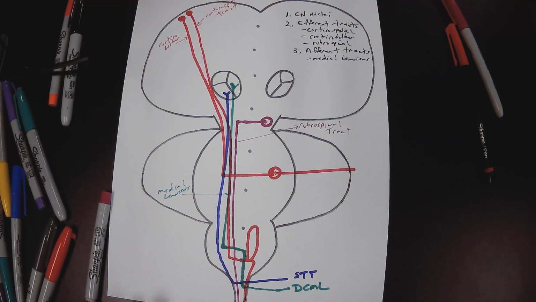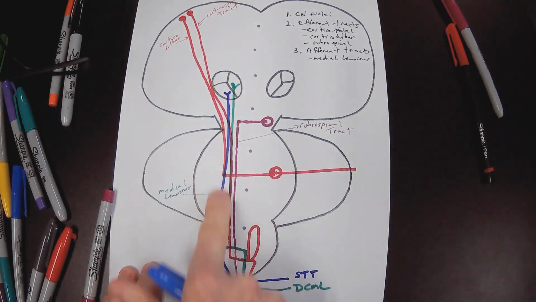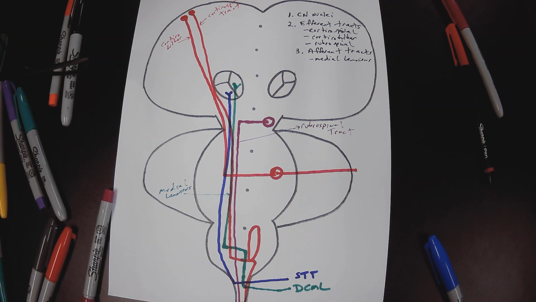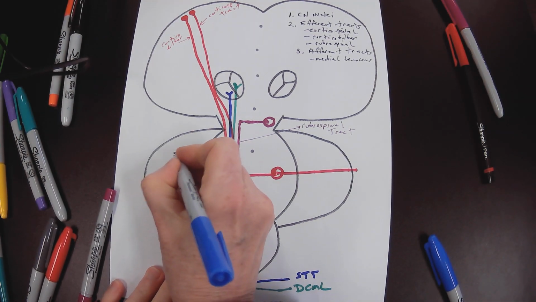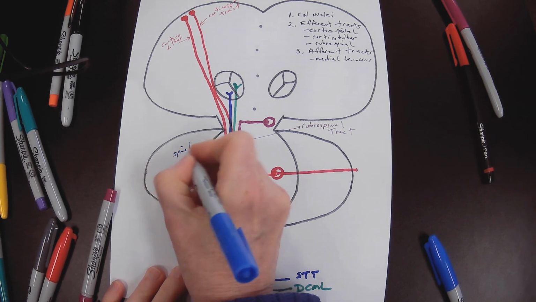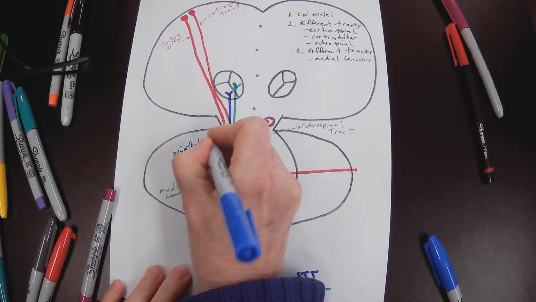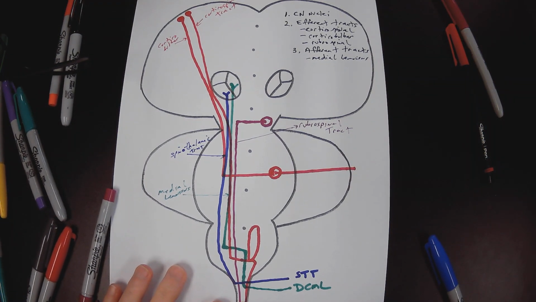So what would be the name of this tract as it travels through the brainstem? Not a trick question. That's it. That's your spinothalamic tract. So we'd expect to see that. Spinothalamic tract, or ST2.